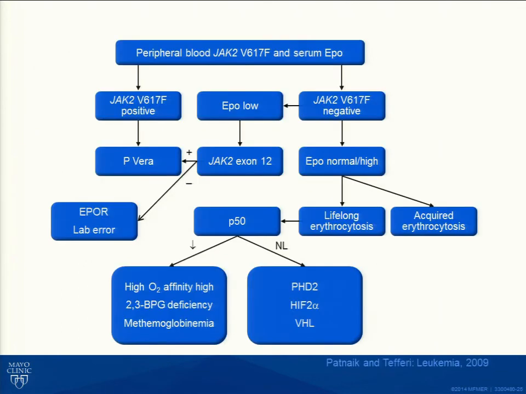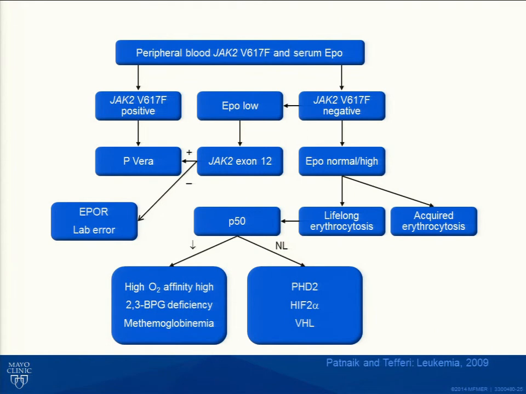So these disorders lend themselves to an algorithmic approach, and I want to point out, you'll notice my algorithm isn't as busy as everybody else's algorithm, and it's prettier looking too, I think. So the entry point into the algorithm is a JAK2 V617F and serum EPO.